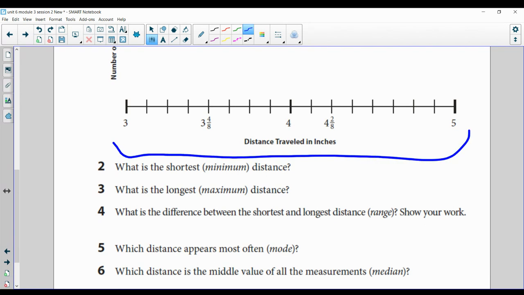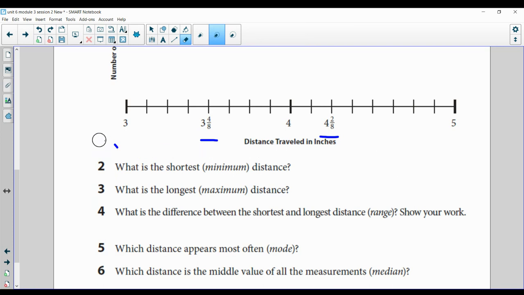Now, if you look though, you could see that we have 3 4/8 and 4 2/8. So it seems to me like we're going to be using eighths. And you could simply check to see when you count 3 and 1, 2, 3, 4, 5, 6, 7, 8. That will confirm it for you of what denominator you should be putting there.